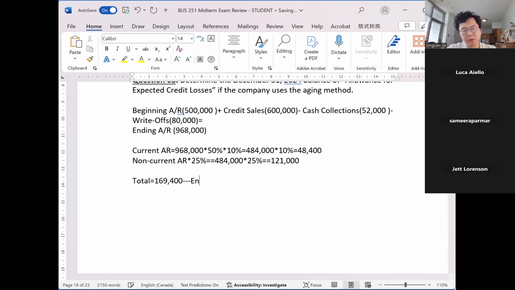I just want to remind you that for this aging analysis method, the thing that we calculate is the ending AFECL. It's the ending AFECL value. And for the adjusting journal entry, we still have to book the difference, using this ending AFECL minus the beginning one.